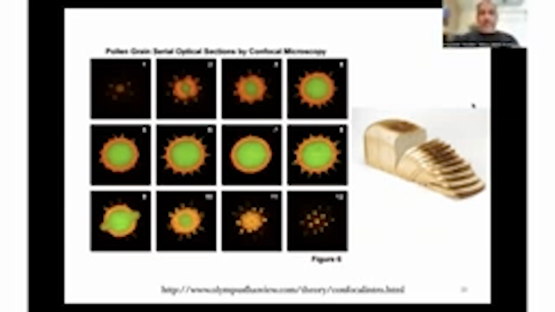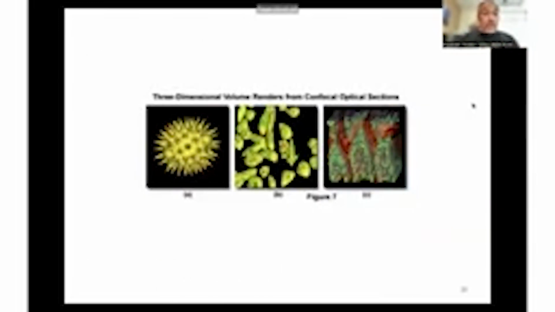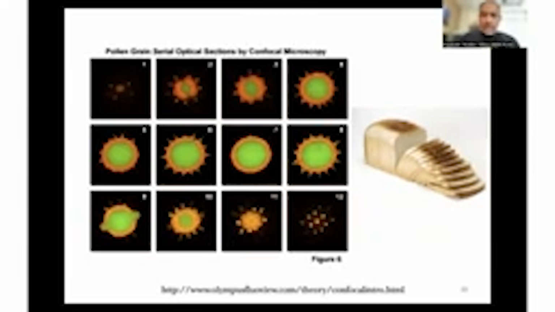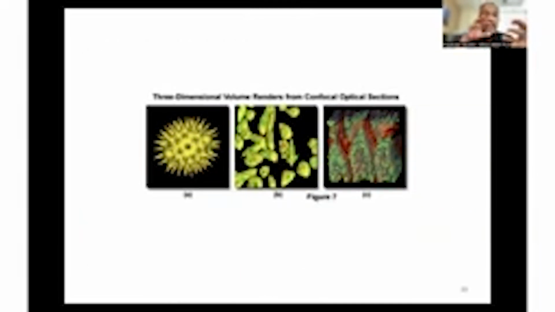So this is an image of a pollen, and you can see that you can take sections from one end to the other and then put all of it together to create this three-dimensional structure. This A that you are seeing is essentially this pollen that has been imaged in a confocal, and you can create a three-dimensional image of the cell or whatever object that you're visualizing using a confocal microscope in a way that would not have been possible otherwise.